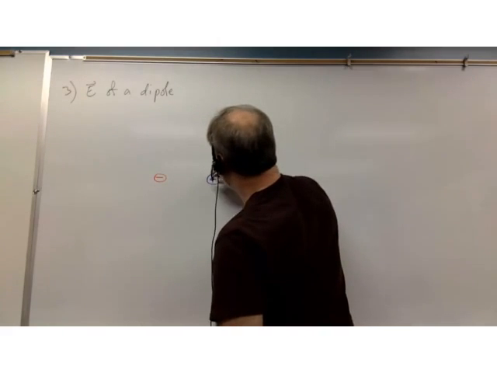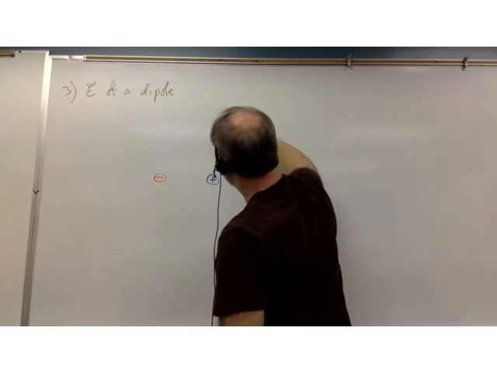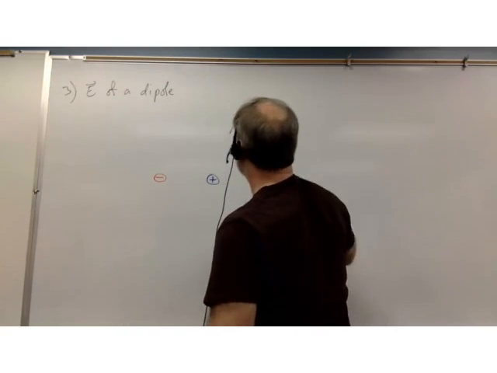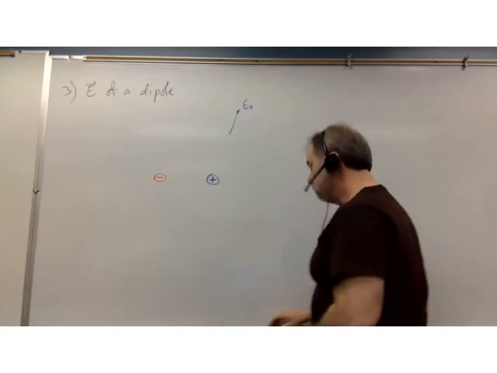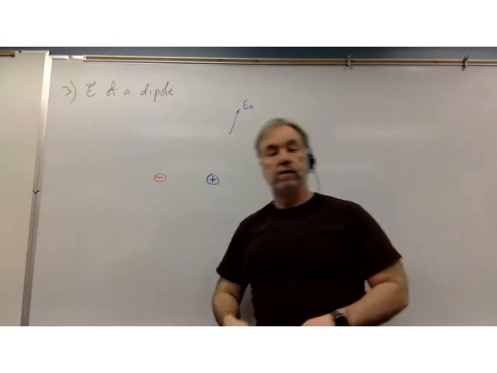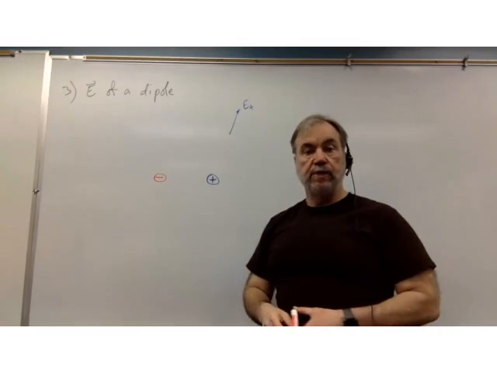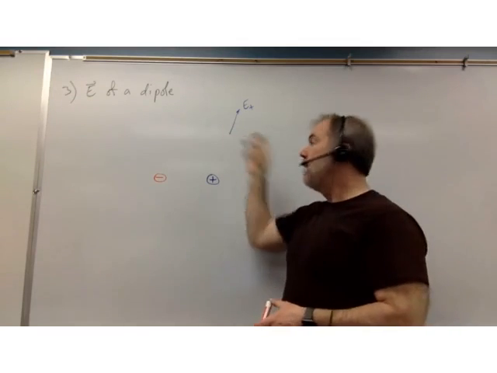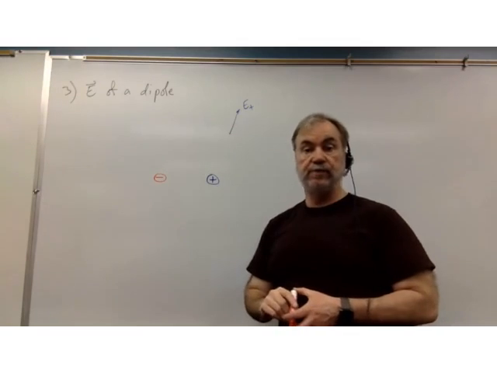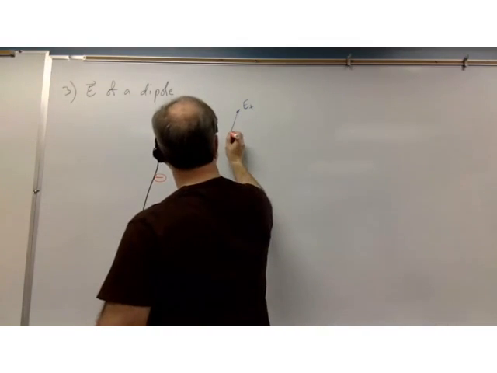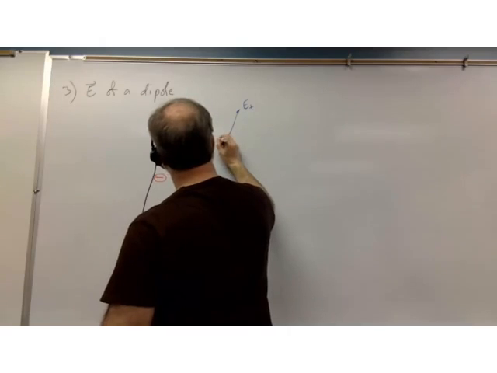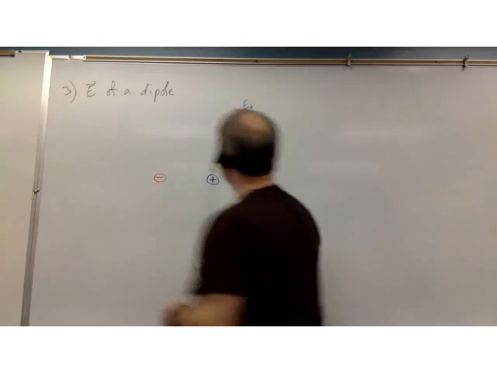Therefore, we will have a strong positive field up there, E positive, I guess. Meanwhile, the negative charge will attract our hypothetical positive test charge, which isn't there and isn't going to be there, but it would be somewhat attractive that way. Let's probably draw it something like that.